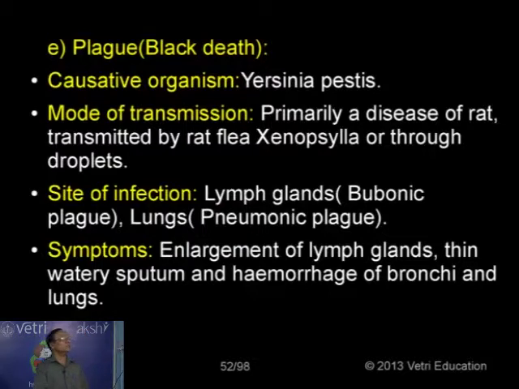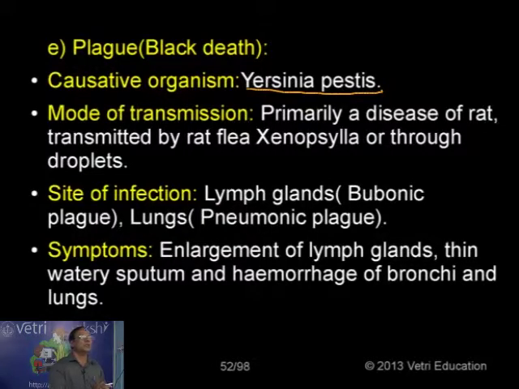The causative organism is Yersinia pestis, a gram-negative bacterium. This is a disease transmitted by a vector, primarily a disease of rats. One vector, a flea living on the rat's body, is responsible for transmitting the disease.